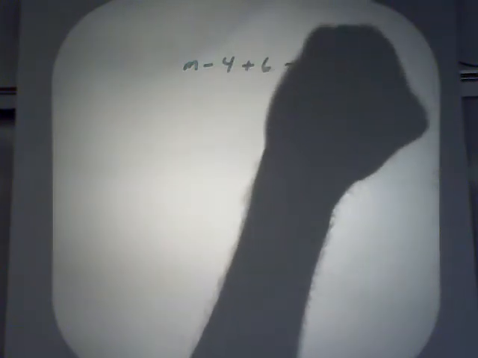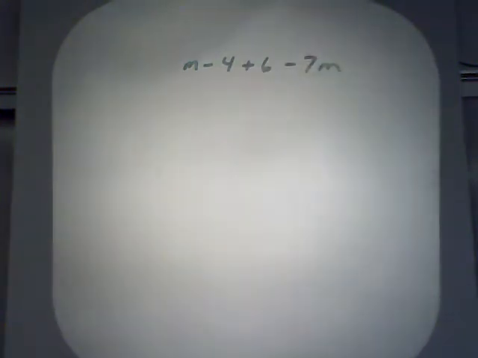Okay, here come the lonely letters. Let's make sure you take care of these. M minus 4 plus 6 minus 7m. Try that one. Make sure you can do it. In a minute, you're on your own, so make sure you can do it.